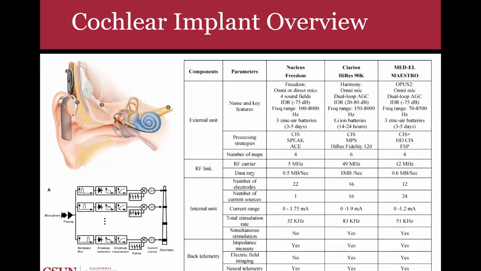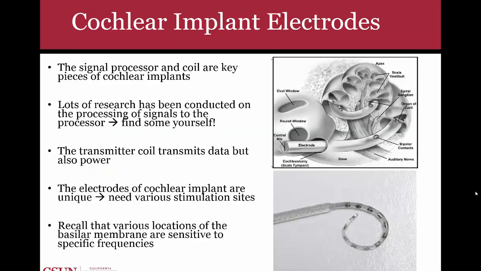This is giving you some data rate and RF carrier frequencies for this link, but as you can see, basically you have a microphone, some front end circuitry, which then gets processed and sent to the electrodes. So again, this is just to compare.